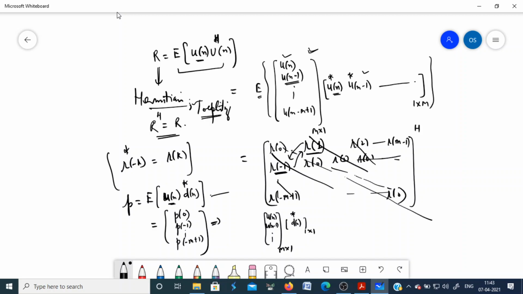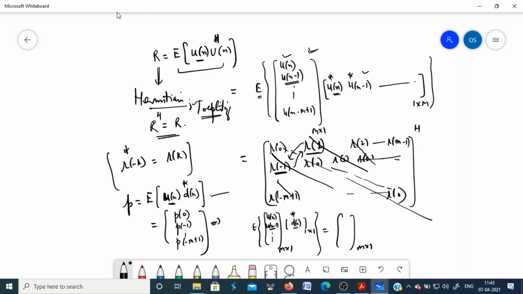When you multiply these you will get an m cross 1 vector. So the expectation of u of n into d of n star gives P of 0. The expectation of u of n minus 1 into d of n star gives the correlation at a lag of minus 1, and so on.